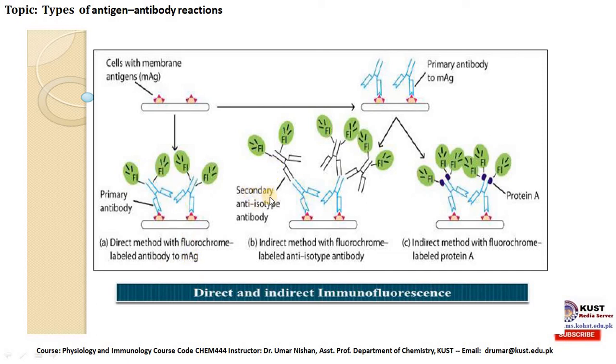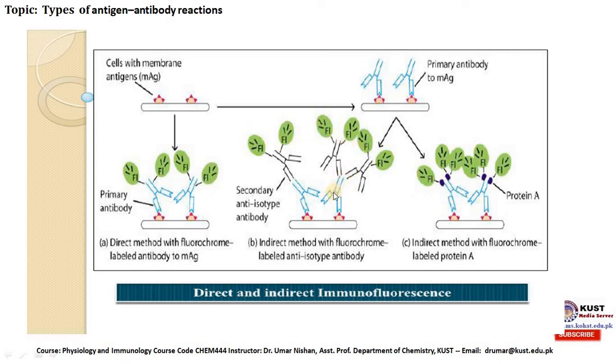This is how the secondary anti-isotope antibody functions. Indirect method with fluorochrome labeled anti-isotype antibody. Here is the antigen, here is the primary antibody, here is the secondary antibody, and the fluorochrome is attached to the secondary antibody.